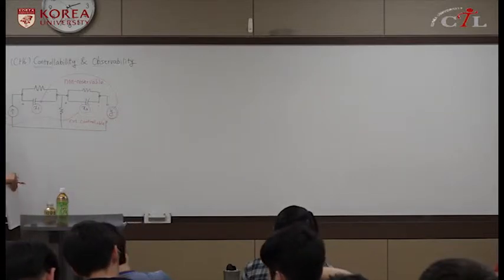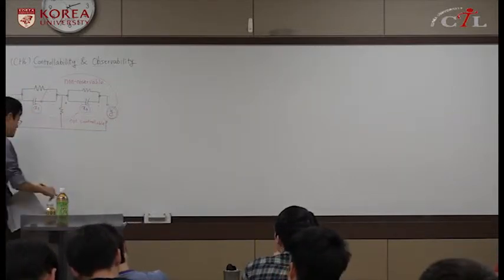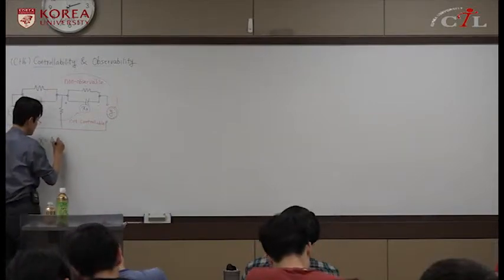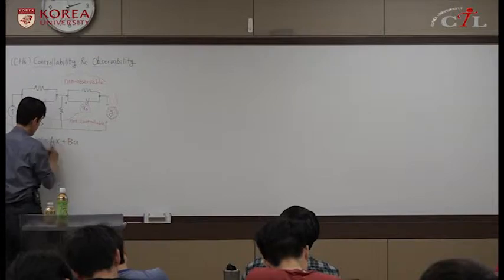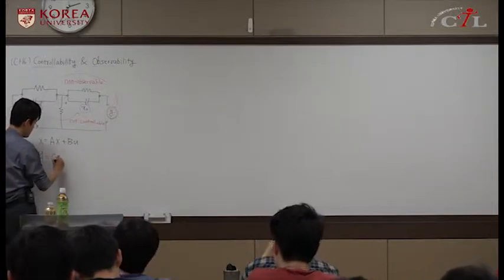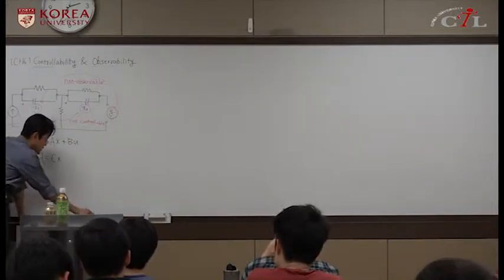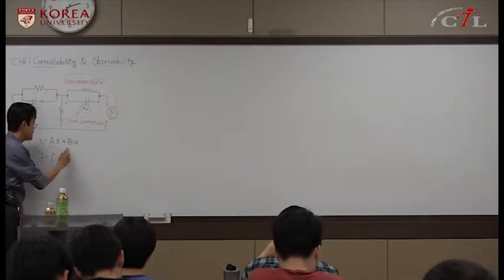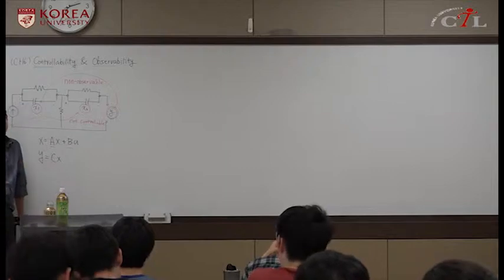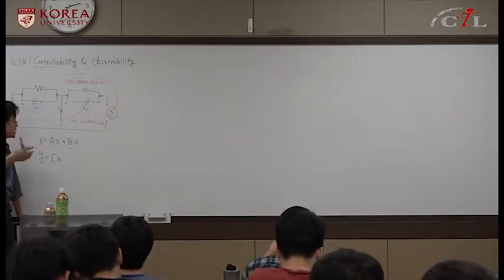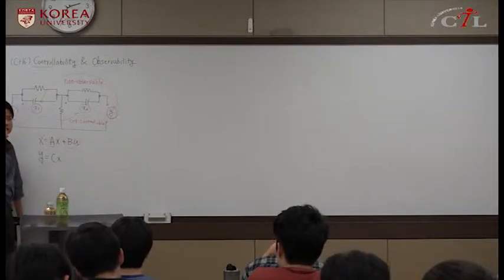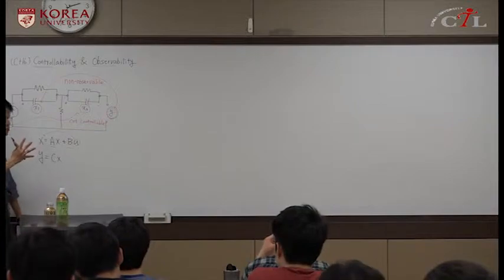So if we have the system model equation, then we may have this kind of state space realization. The controllability issue is a matter of A and B. If A and B have some specific relationship, then from u we can control all the states. If A and B are properly related, then the system is controllable.